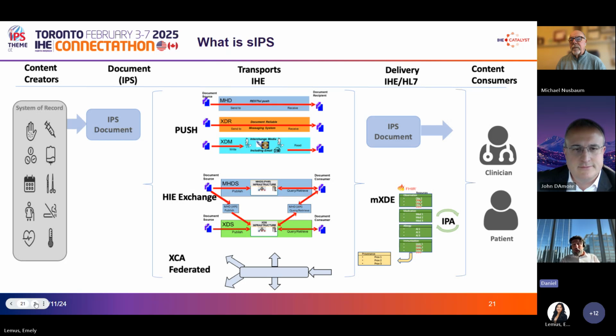This is where it will be pulled by a consumer instead of pushed by a producer. We don't have much in federation of IPS exchanges yet, but I think that's an interesting area that could be something that we actually discuss during Plugathon and get your input on that and how do we build that.